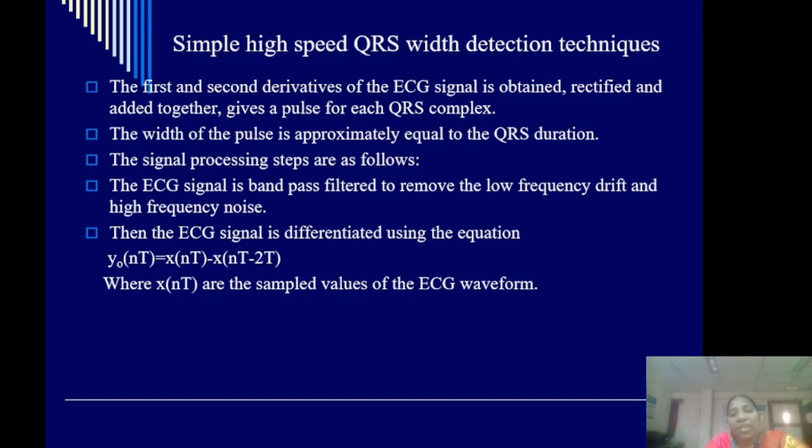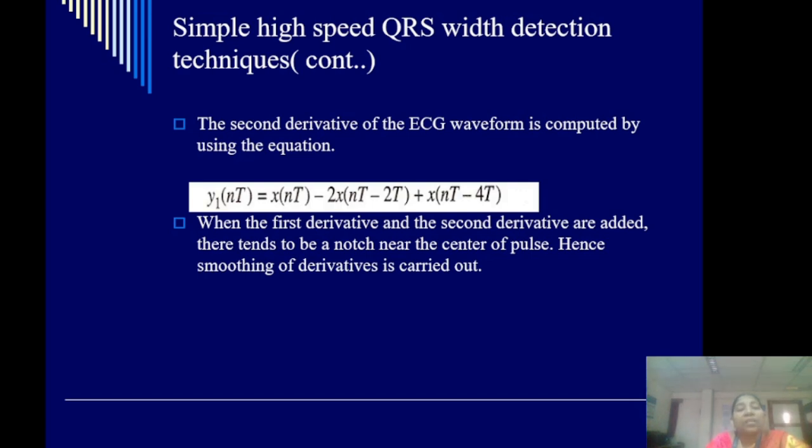So the differentiated signal is given by the ECG signal at that particular instant minus the ECG signal attained after the 2 second delay. That difference we call the first order differentiated signal. Then the second derivative: if we apply the differentiation operation a second time to the first order derivative, we get the second derivative of the ECG waveform, denoted by y1(nT).